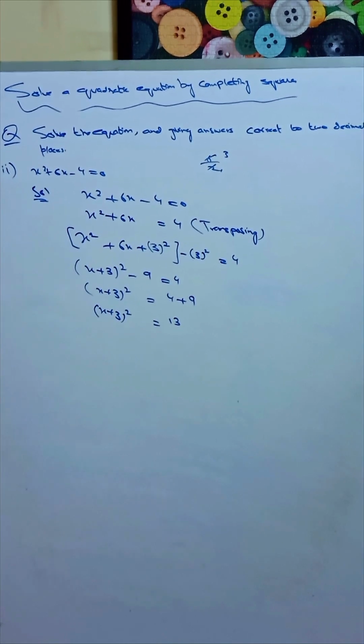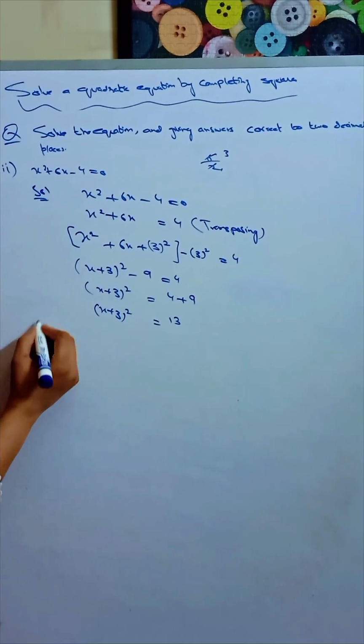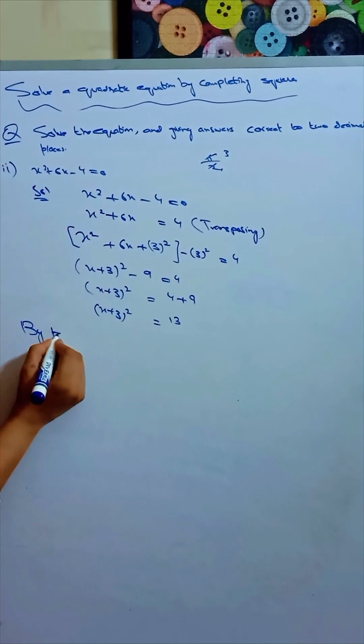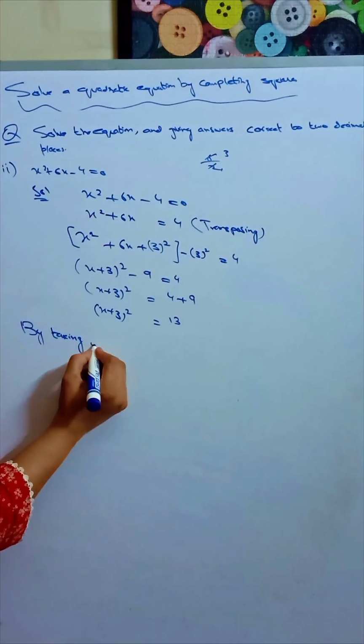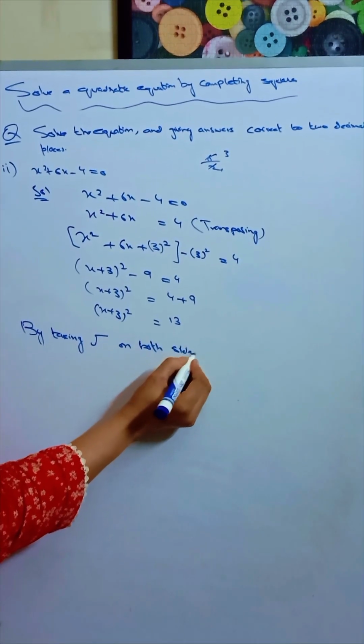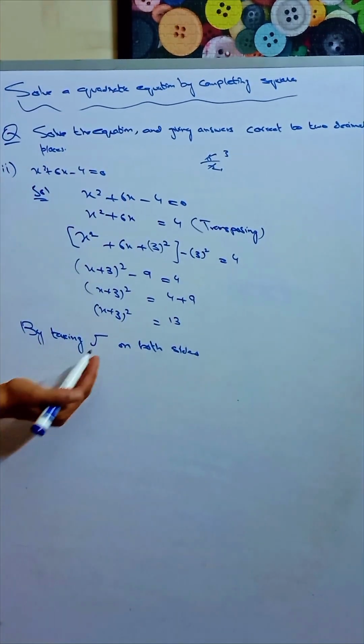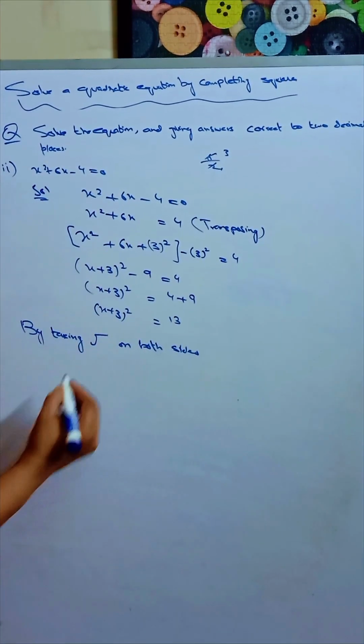Now the next step is we have to remove this square. How do we remove it? By taking the under root on both sides. You can say square root on both sides, up to you. For convenience I will just write it like that. So what does it become?